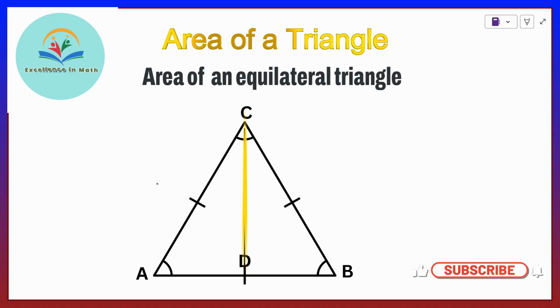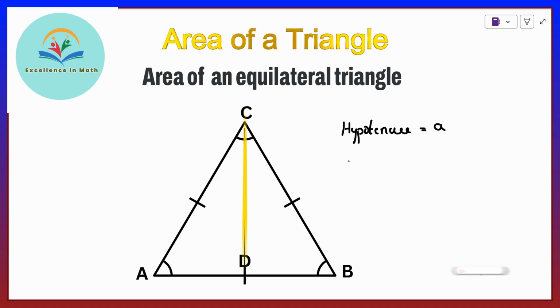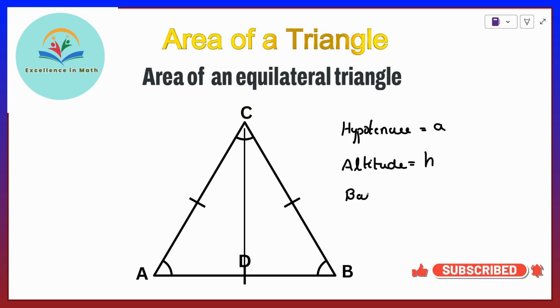To find the height of this equilateral triangle, we need to again use the Pythagoras theorem. Let's write the dimensions of this right angle triangle ADC. Here, the hypotenuse is equal to A, the altitude is equal to H, and the base of this triangle is A by 2.